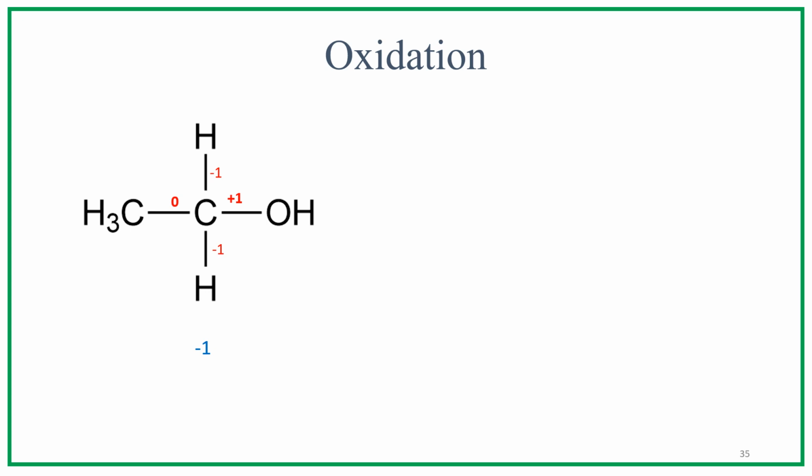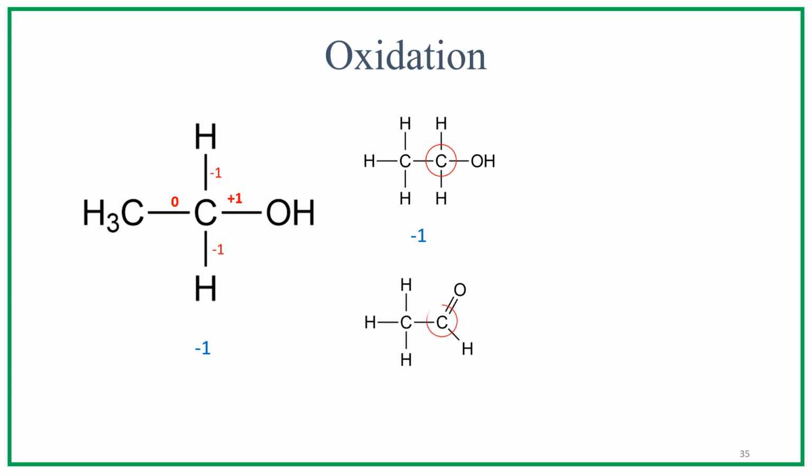According to this kind of oxidation value in organic compounds, let's count first alcohol. Here when we count the oxidation number of this carbon, it is minus 1, and for this carbon, it is plus 1.